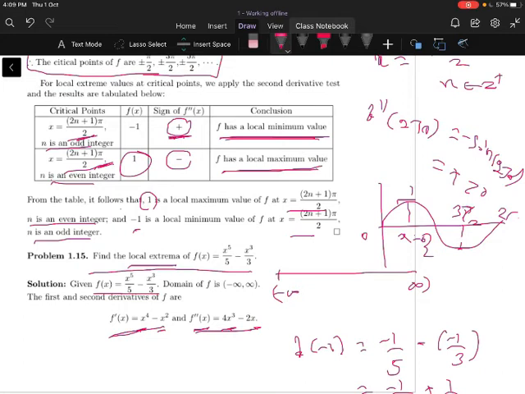When x is equal to 3 pi by 2, which means 270 degrees, n is 1, an odd integer, so 2 plus 1 gives 3 pi by 2. What happens here? Sin 3 pi by 2 is minus 1. Therefore minus 1 is the local minimum value. But in the case of even integers, f double dash is always negative.